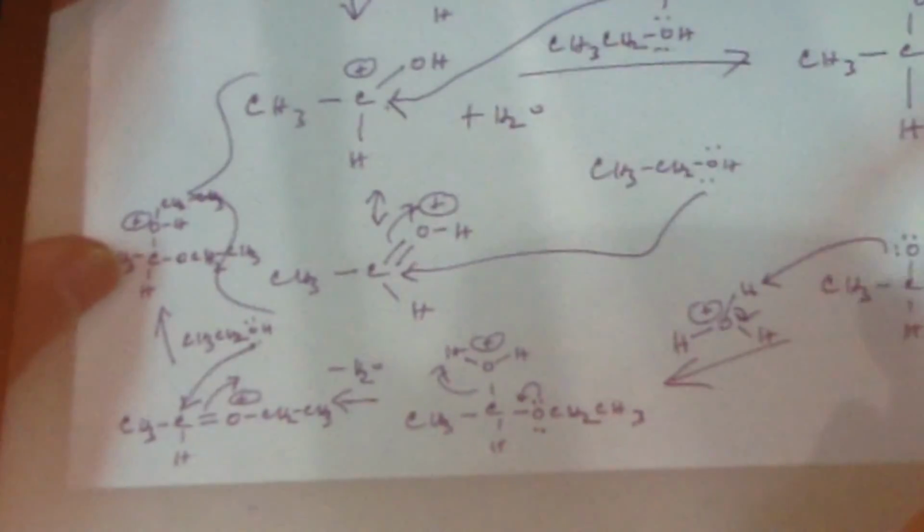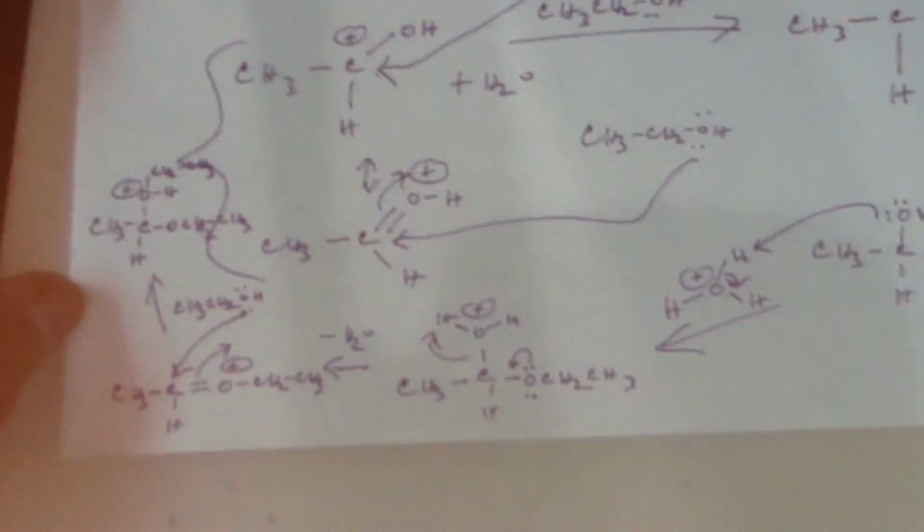That generates the protonated species, which then transfers the proton. There's the hemiacetal. The hemiacetal undergoes the same kind of reaction subsequently by elimination of a molecule of water and then being attacked by the second molecule of ethanol. And then again, this hydrogen would be removed by a second molecule of ethanol, and you get the acetal.